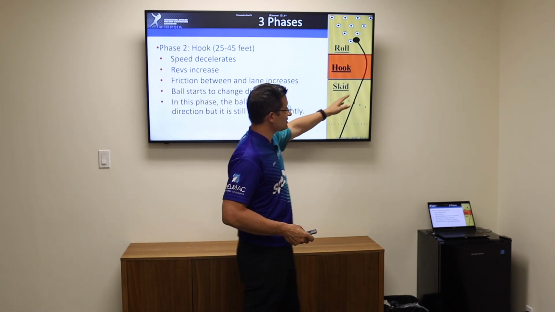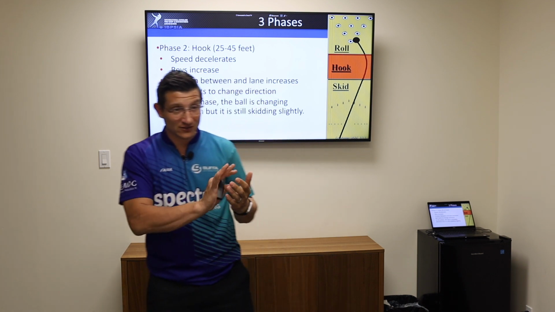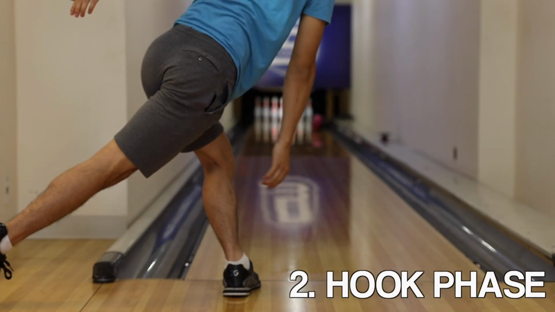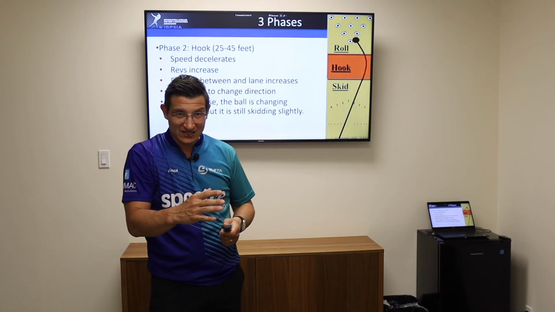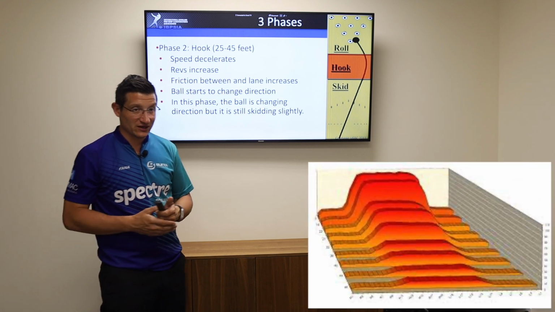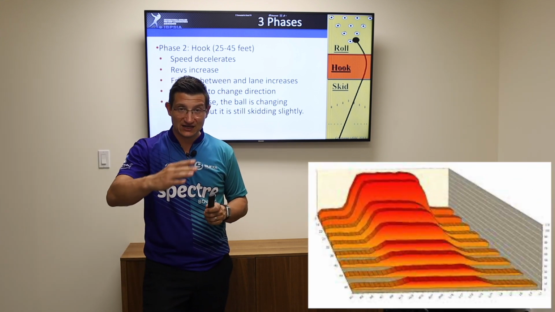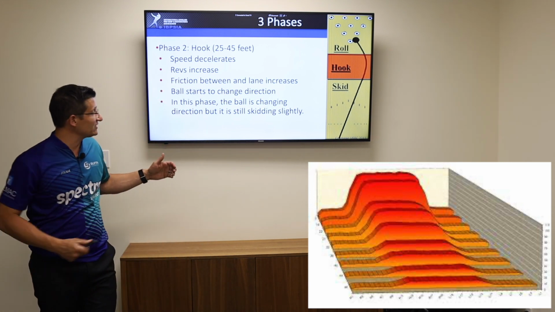This is where we start to see a little bit more of a parabolic shape to the ball, okay? So this is where the ball is now changing direction. The ball is still also skidding a little bit, but like I said, when you're looking at a pattern in 3D, and we can show it on screen as well here, we will see that basically it's encountering less and less oil. So what's happening is that it's encountering a little bit of friction, okay?